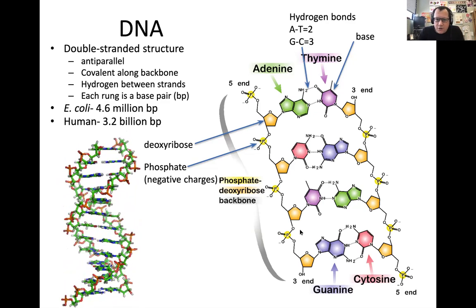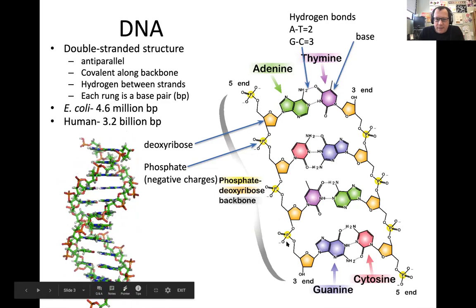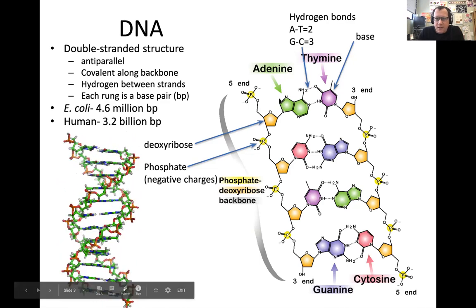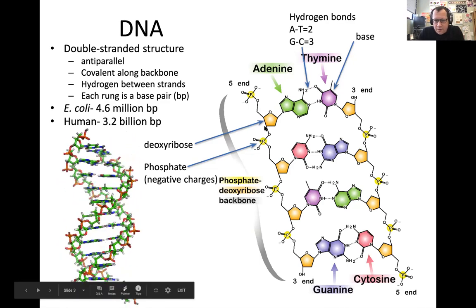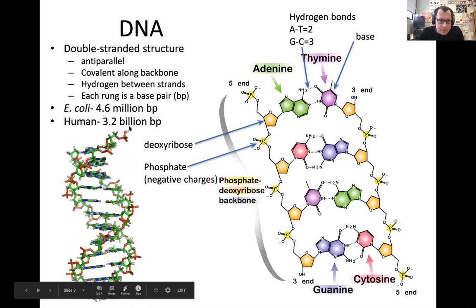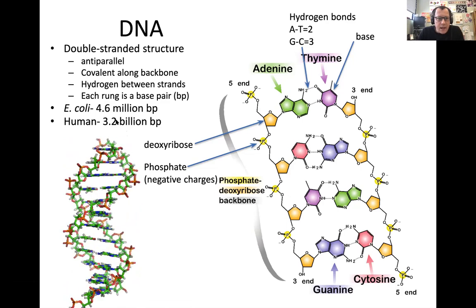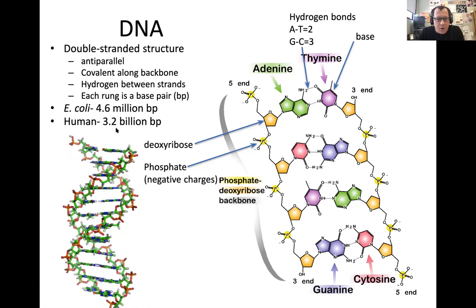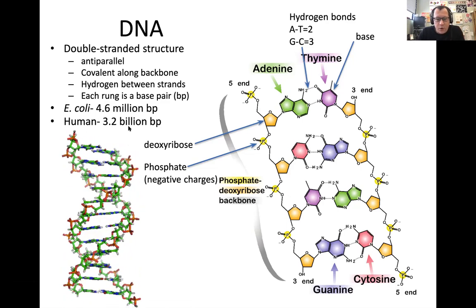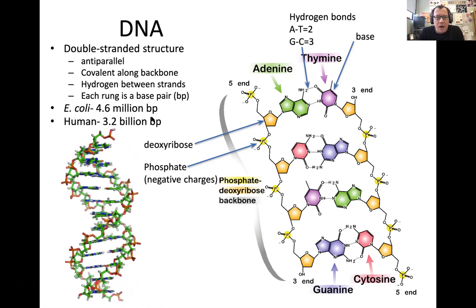And so each individual strand of DNA is a single molecule, and they're very long molecules. Humans are divided into multiple segments, but all of the human DNA is essentially 3.2 billion base pairs.